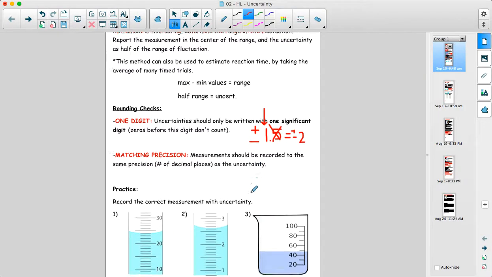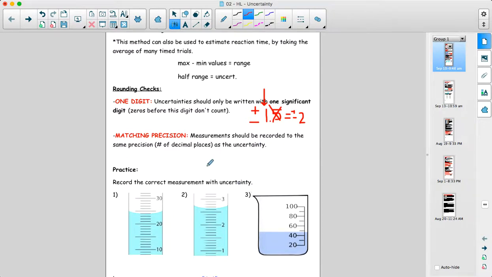And then finally, make sure that the precision of your actual measurement itself and your uncertainty match. What I mean by that is, if the balance reads 2.02 grams, but because of fluctuations you decide that the uncertainty is actually plus or minus 0.2 grams, well, you're uncertain in the 10th place, the first decimal place.